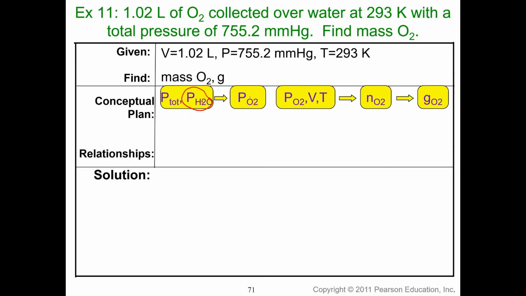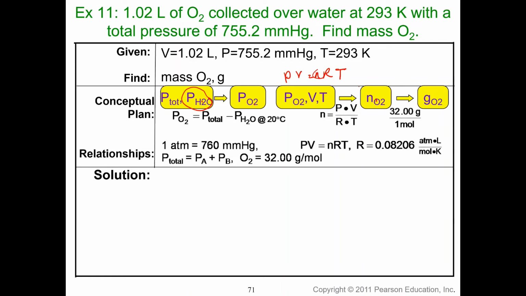And once we get the partial pressure of oxygen, we can use the ideal gas law, PV equals nRT. Write it down, maybe you forget. Use that to calculate moles, which is moles of oxygen. Once you know the moles of oxygen, you can obviously go to grams using molar mass.